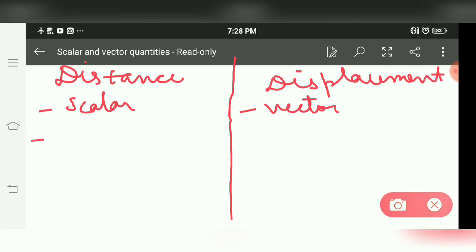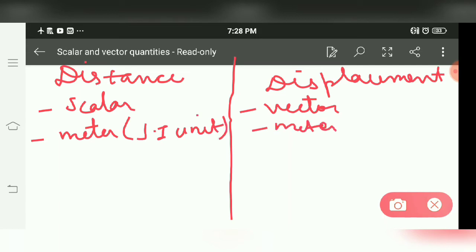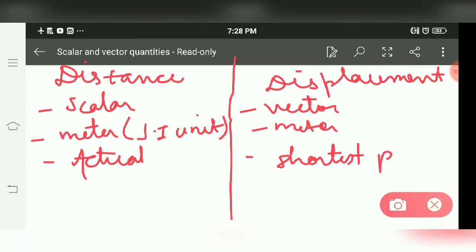One point is the same for both: its SI unit is meter and its SI unit is also meter. Distance is always the actual path, but displacement is always the shortest path, or indirectly we can say it's the path between the initial and the final position.